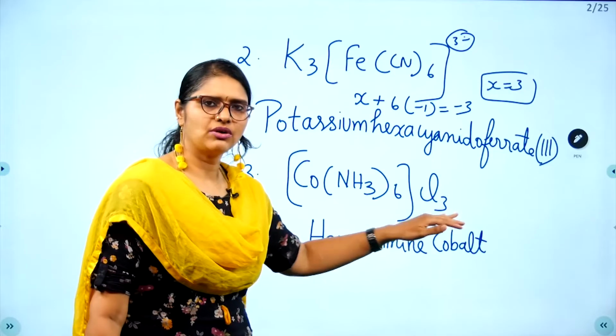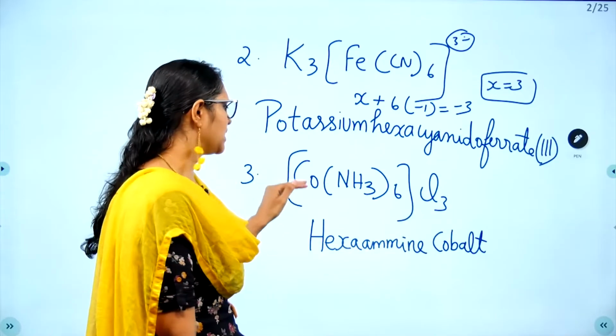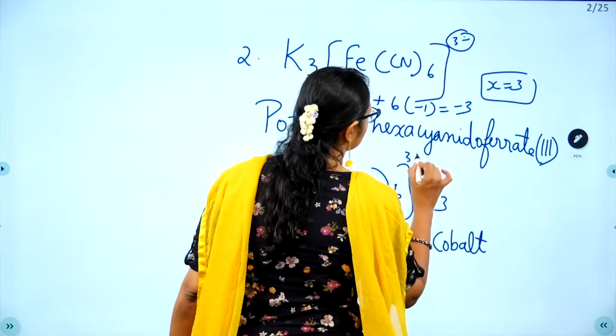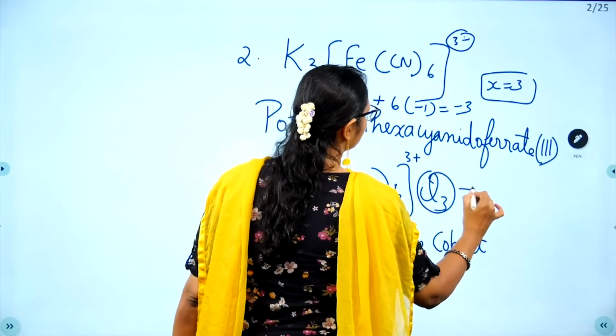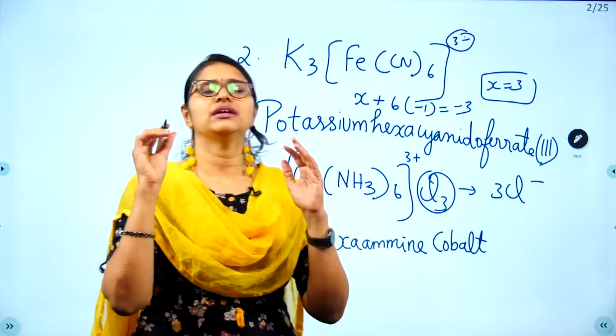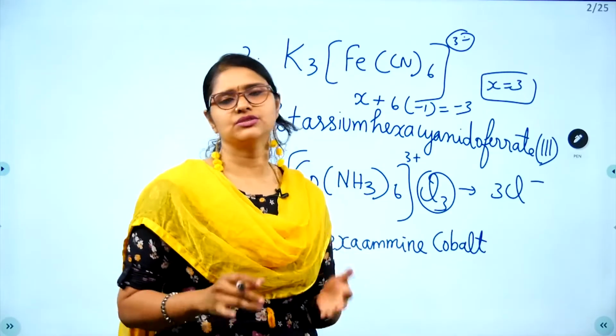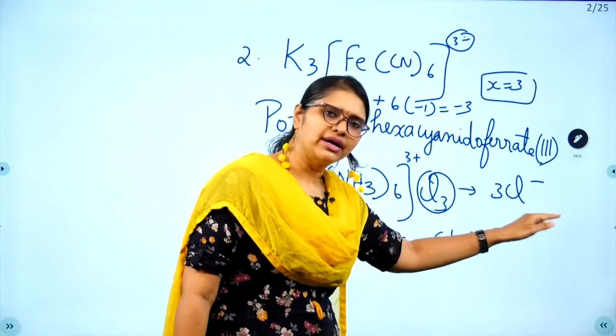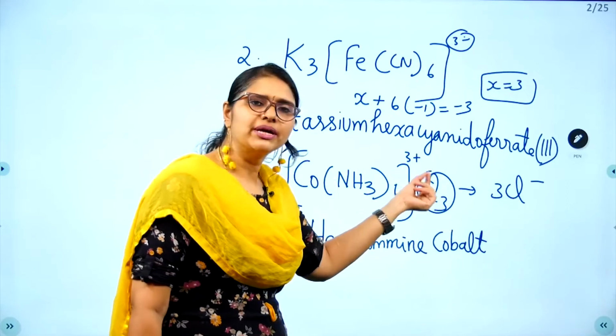If you put this complex in water, it will split as [Co(NH3)6]³⁺ and 3Cl⁻. The ions outside the complex are called counter ions. So Cl3 minus, and the charge on the complex becomes 3 plus.